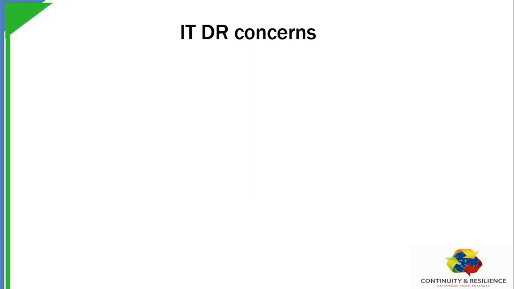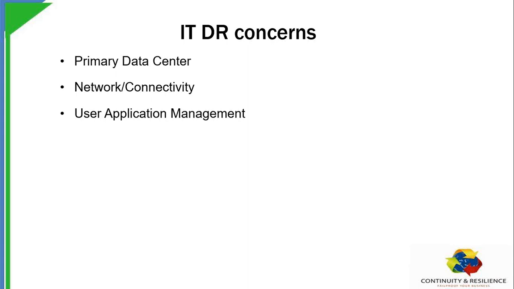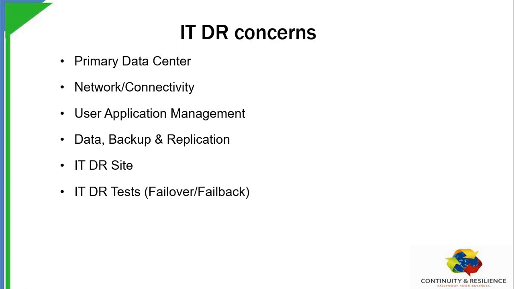So now, what is ITDR? We were talking about ITDR, disaster recovery, which is basically technology recovery. What does it concern? It talks about having a primary data center, proper network connectivity, then application management, data backup and replication management. ITDR site, having an alternate disaster recovery site.